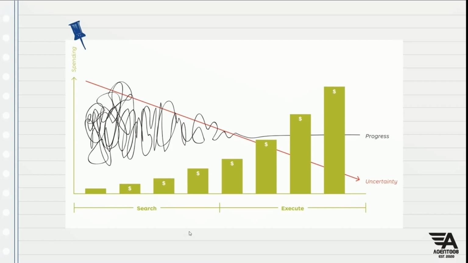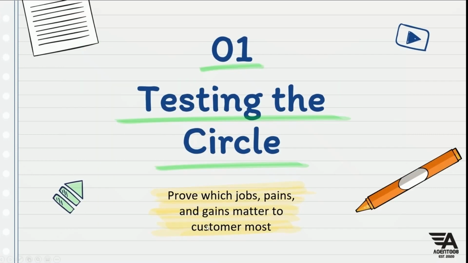So if we go to the first methodology, testing the circle, you need to start with thinking about the customer jobs, their pains, and also their gains in the design section. And if you remember the section that we already talked about, which is the customer profile, this is our way to think about it here.